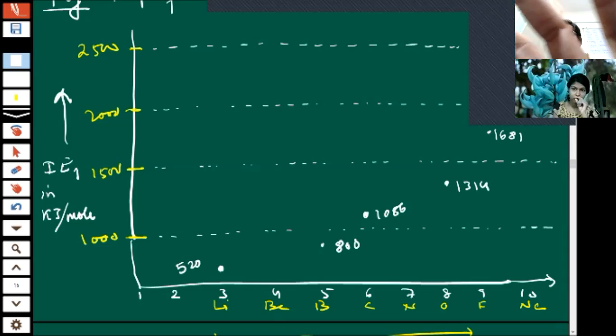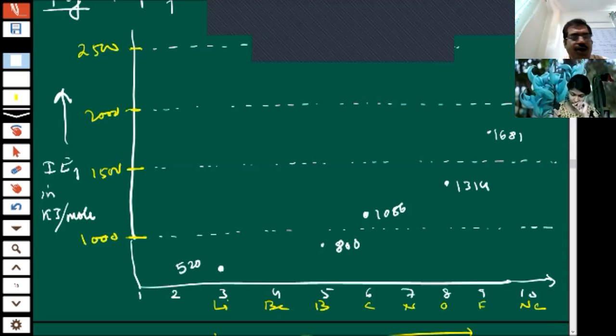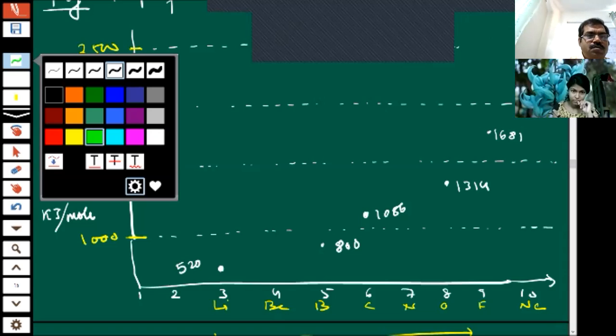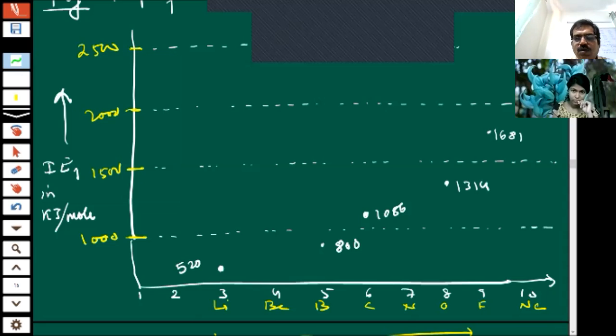And for neon it is 2080. These are the values, all in kilojoule per mole.